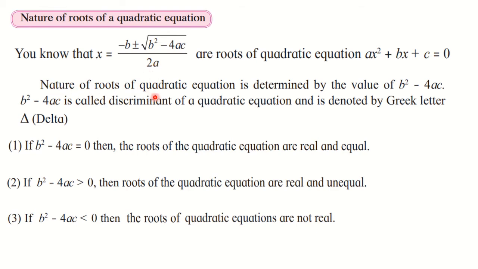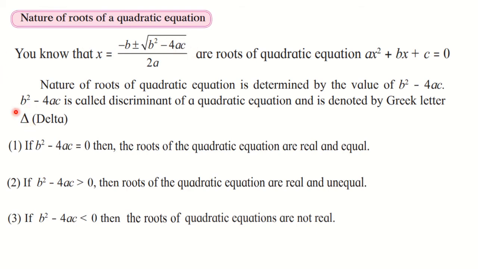But the nature of the roots of the quadratic equation is determined by this value, b square minus 4ac, and this b square minus 4ac is called the discriminant of the quadratic equation, and it is always denoted by the Greek letter delta. So when we find this value b square minus 4ac, there are three possibilities.